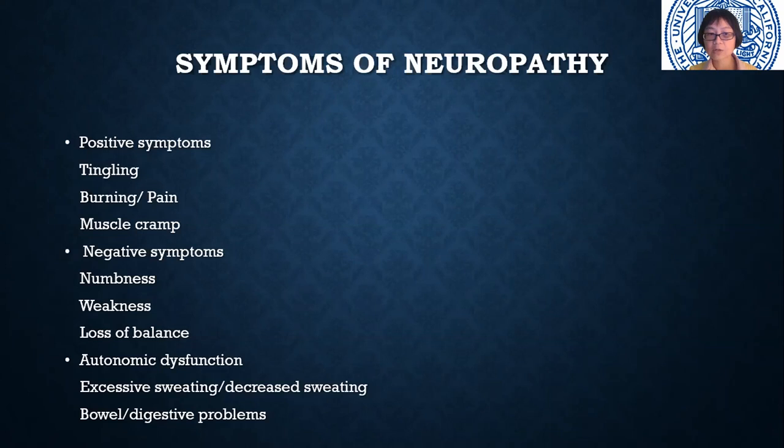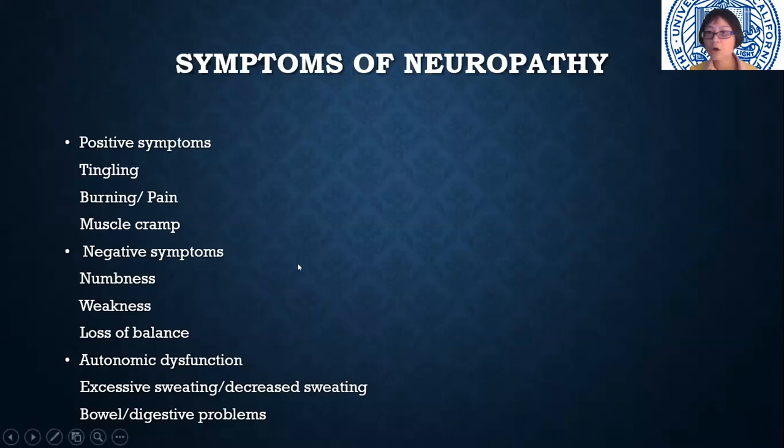For example, some patients will have too much sweat, or some patients will not have adequate sweating, from sweat gland dysfunction, and some people may have bowel or digestive problems like constipation, diarrhea, or indigestion. Certain patients may also have significant blood pressure or heart rate fluctuations, all kinds of symptoms.